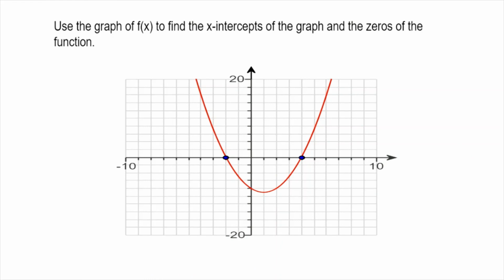Sometimes we can look at a graph and see the zeros of the function. So the zeros are always the x coordinates of your x-intercepts. So when I look at my graph, I need to find my x-intercepts.